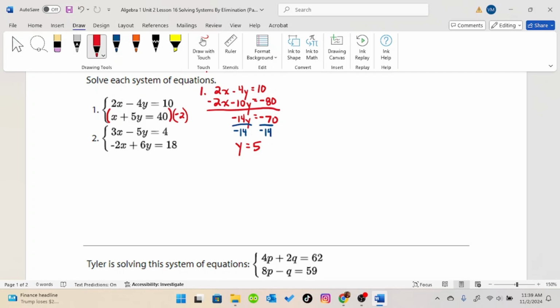Now we can substitute this value for y back into the original equations and solve for x. I'm going to use the bottom equation since it has x by itself. So this means we would have x plus 5 times y, which is 5, equals 40. 5 times 5 is 25.